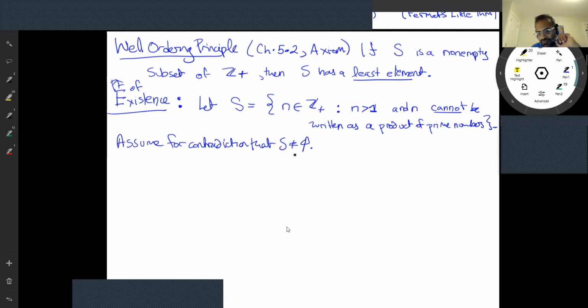Now by the well-ordering principle, there has to be a least element of the set. By the well-ordering principle, S has a least element.